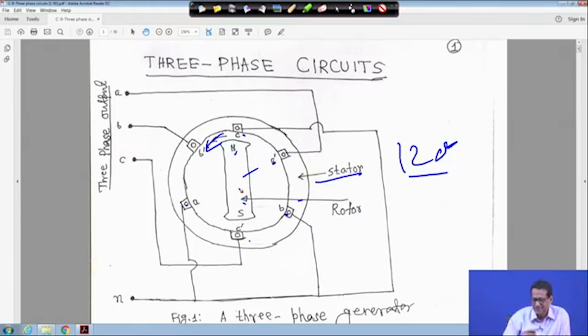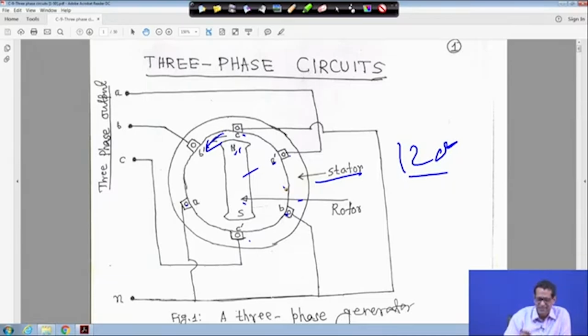Now, this rotor is surrounded by a static part called the stator, and the windings are placed 120 degree apart, right? As the magnet is revolving, there will be flux linkage in these three different windings which are placed 120 degree apart.